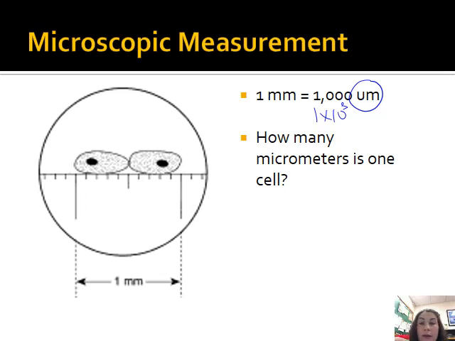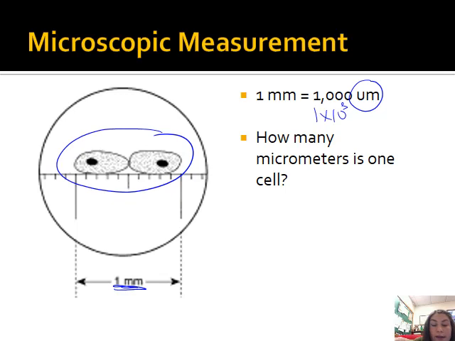On the Living Environment Regents, they may show you cells and you have to estimate the length. Sometimes you're going to have to measure the length in millimeters and convert to micrometers, or measure it in micrometers and go back to millimeters. In this case, we have 2 cells, and they're telling us that 2 cells are 1 millimeter.